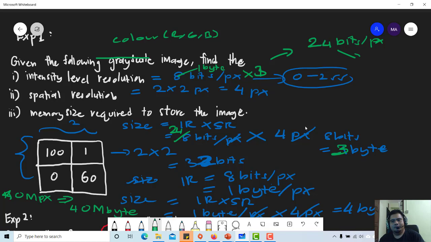So 24-bit is equal to 3 bytes per pixel. So 3 bytes times 4 should be, I'm sorry, this one is not 3 bytes, this should be 12 bytes.